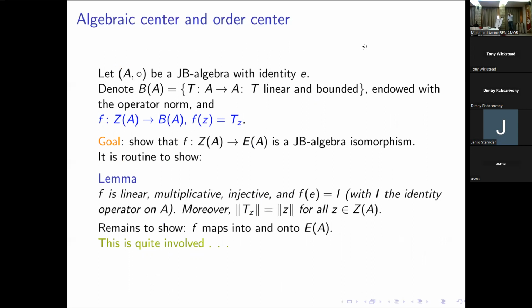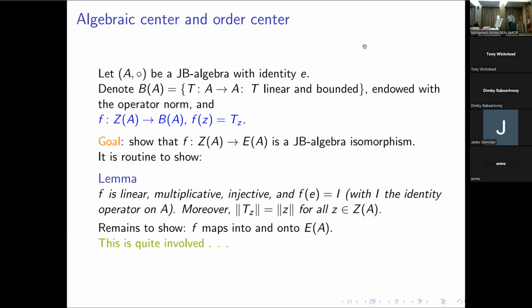Okay, so where are we? We are looking at a JB algebra with an algebraic identity. Let's look at the space of all bounded linear operators with the operator norm. And I want to show that the algebraic center and the order center are isomorphic as JB algebras.